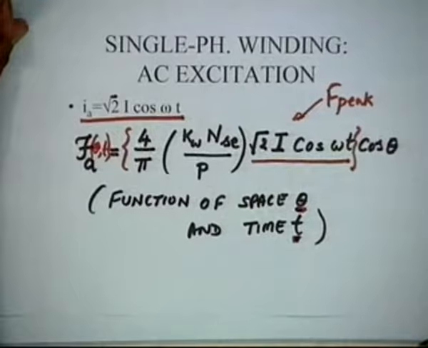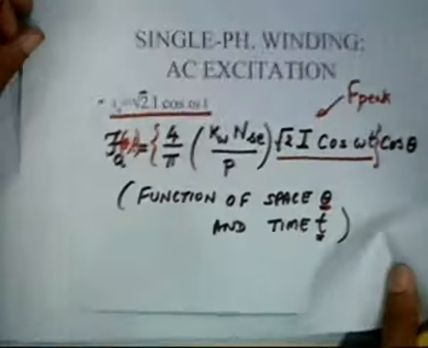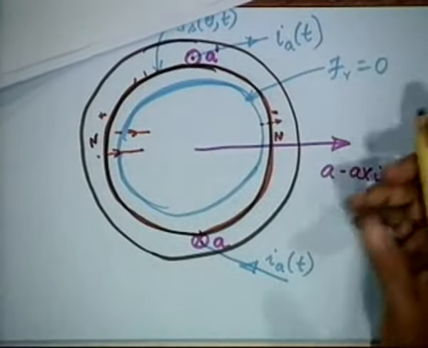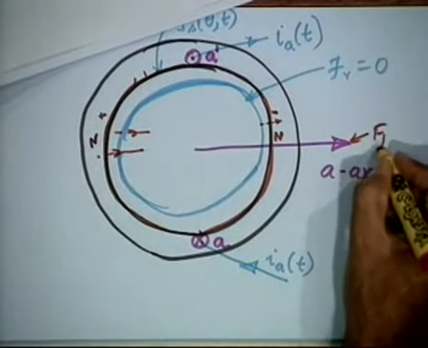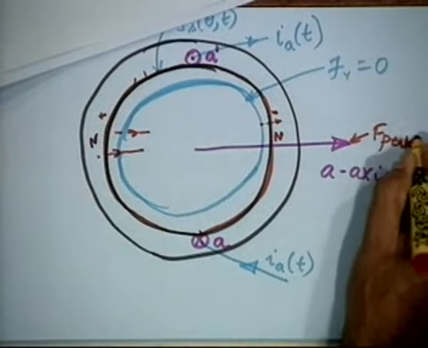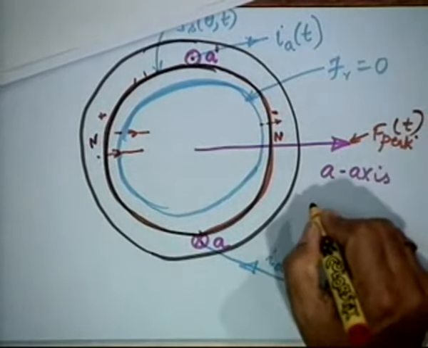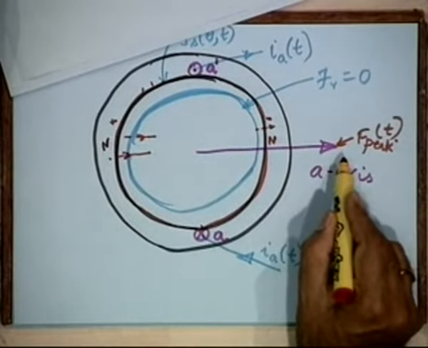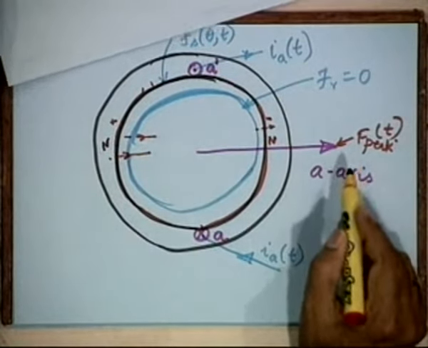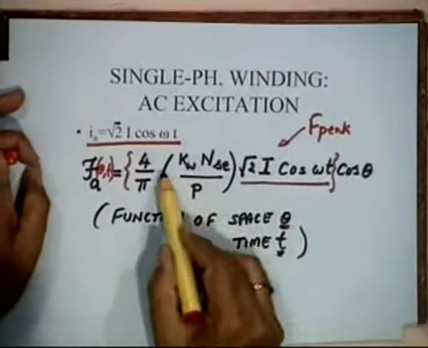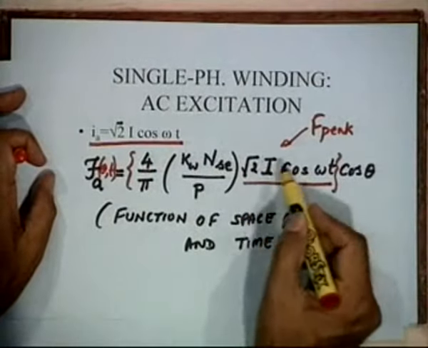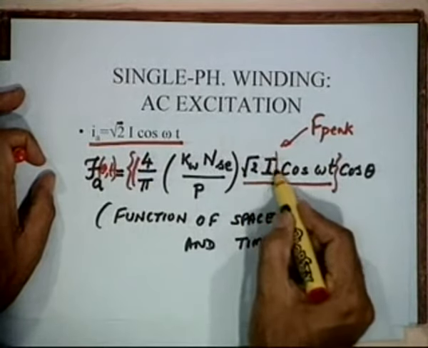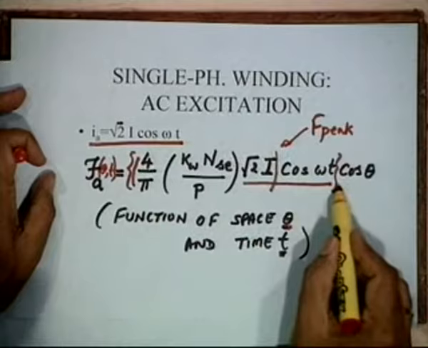The peak value of MMF is also a function of t, right. So, this f peak is centered along this axis, but it is a function of t. Is it clear? This f peak which is centered along the a axis is a function of time. As we see here, it is a function of time because it is given by this constant into cos omega t. Okay.